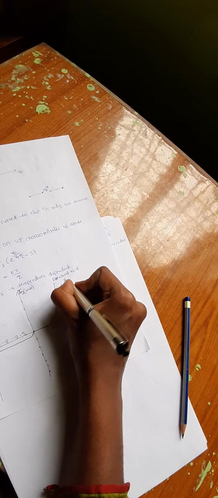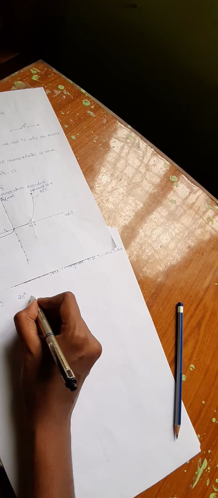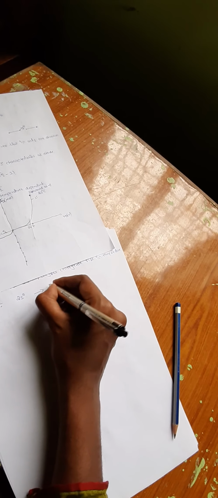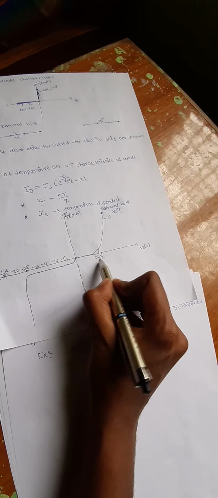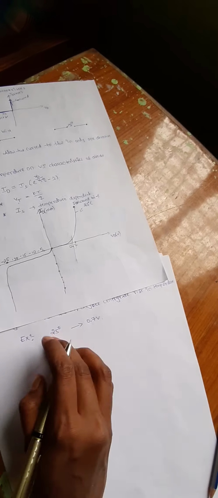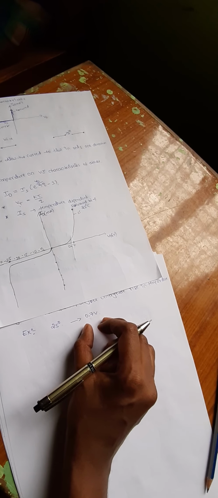This curve is for 25 degrees centigrade, and we have the cut-in voltage as 0.7 volts.